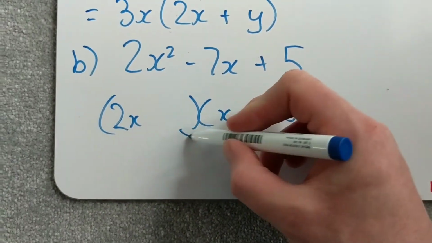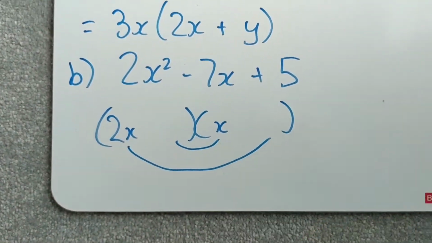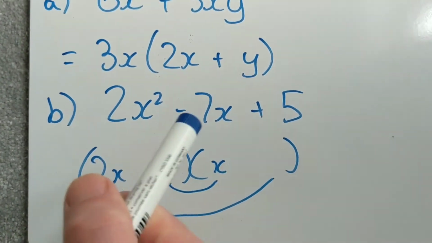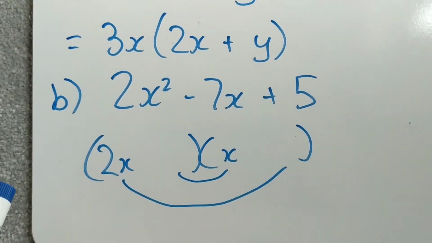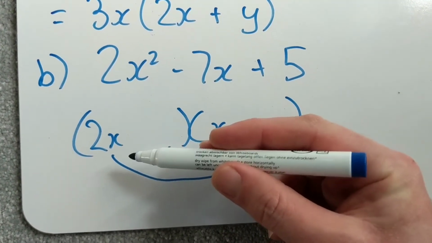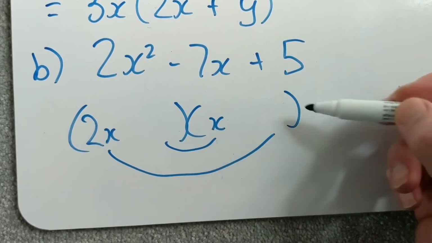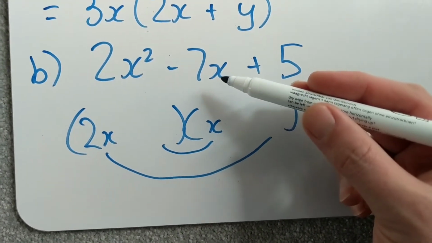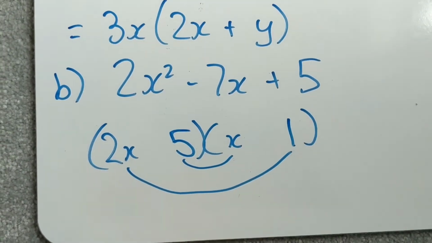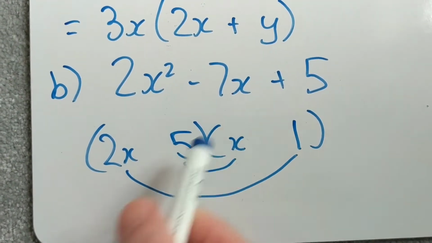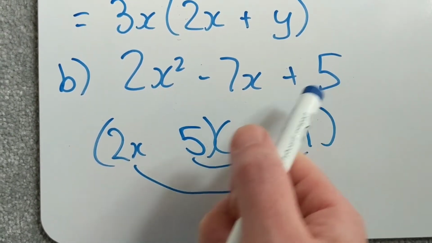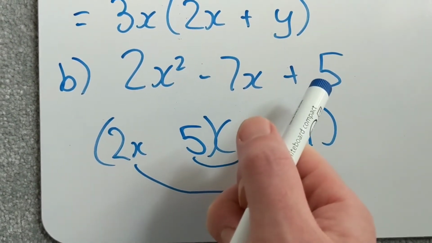Now, my check is to do smiles, because when you multiply out, these smiles, if you like, should multiply out and then tidy up to give you −7x. If I put a 5 there, then 5 times 2x would give me 10x, and 1 times x would give me x. 10x and x, I don't think I can make that. But if I put a 5 there and a 1 there, these two things need to multiply to give me positive 5.